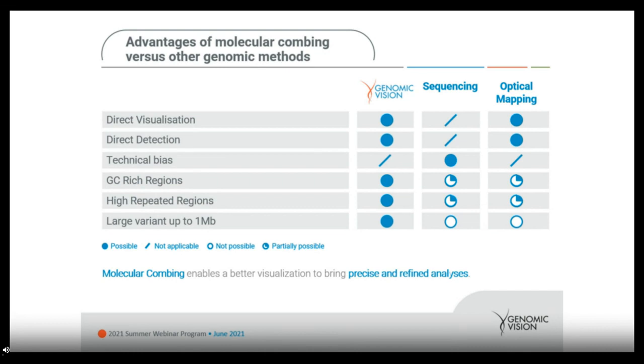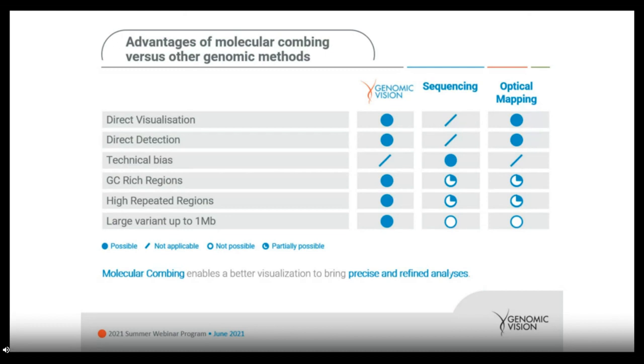We can do the direct detection of the locus itself without any technical bias, because we take the DNA, we extract it, and we stretch it on a specific cover slip. Then, without using any enzymes, we basically probe that specific sequence.